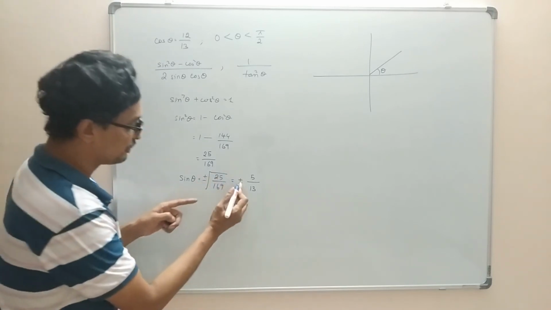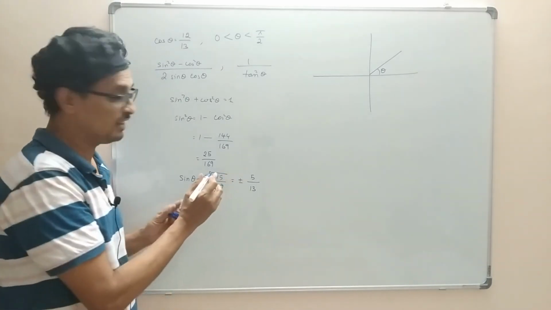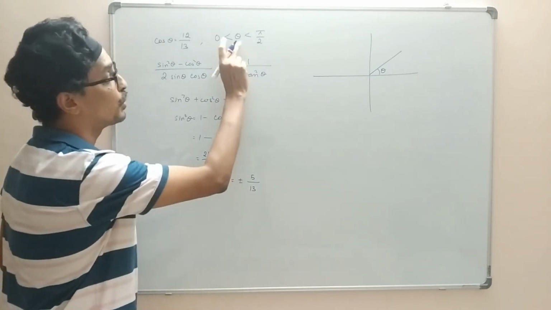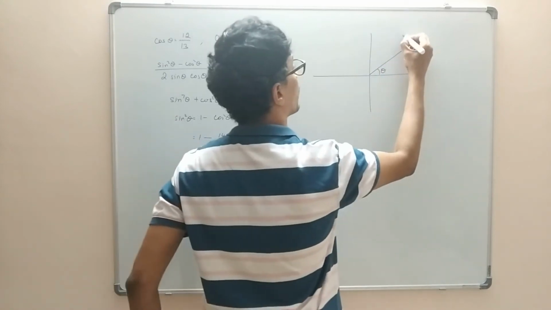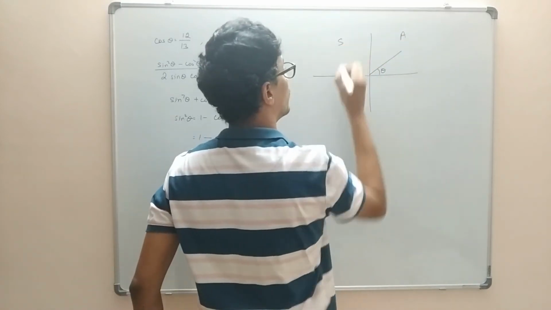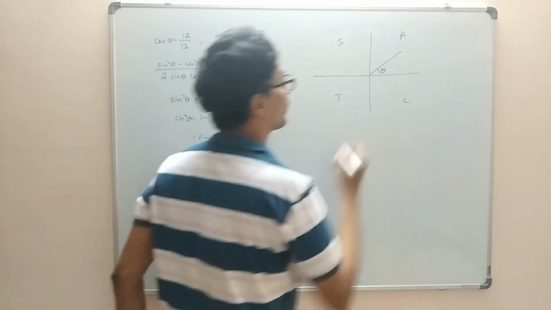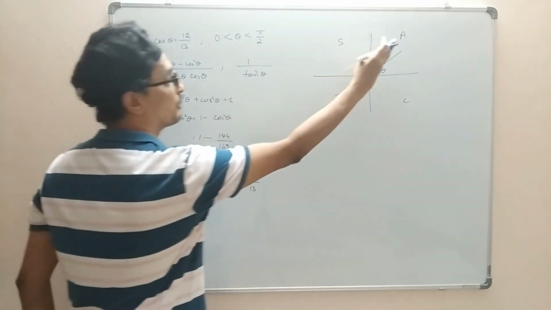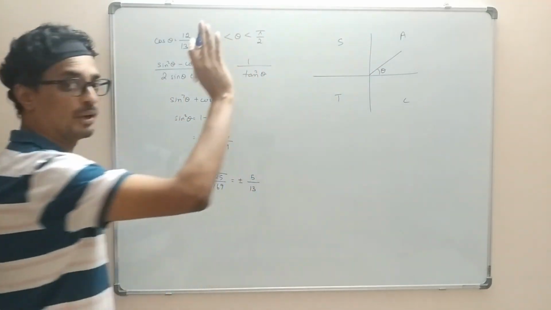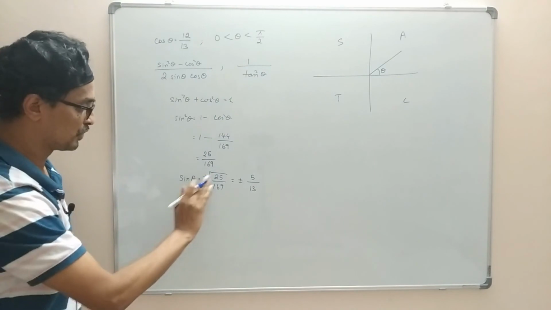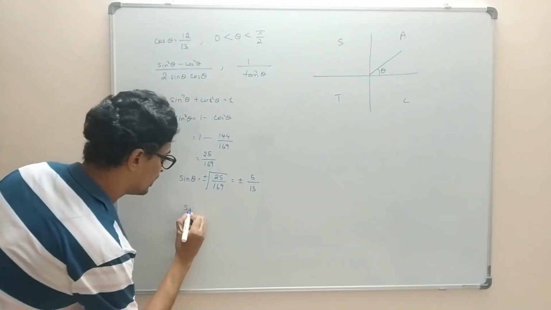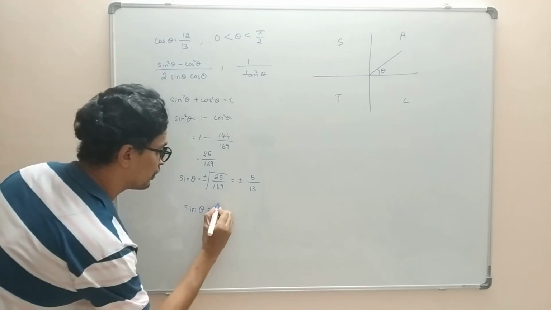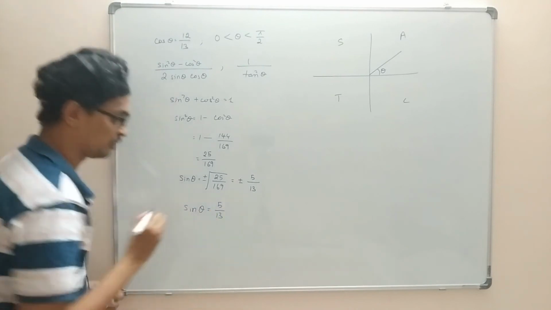To get which sign, we have to see which quadrant it falls in. If you remember, the quadrant rule is All Silver Tea Cups. So this lies in the first quadrant, so every trigonometric quantity is going to be positive. Therefore sin theta also has to be positive. So our sin theta is equal to 5 by 13.